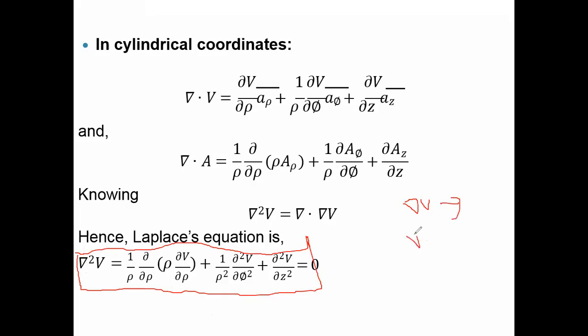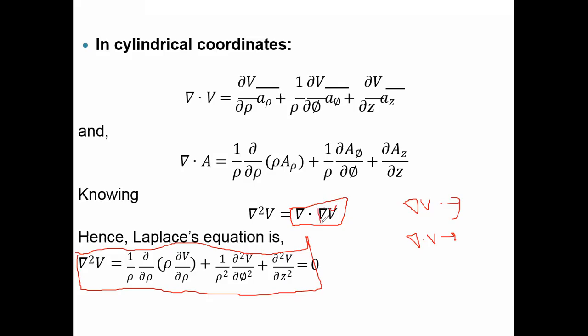If you know the formula of divergence, this we have discussed, in the cylindrical coordinate system, then the formula is here: divergence of gradient. So first v is a scalar.